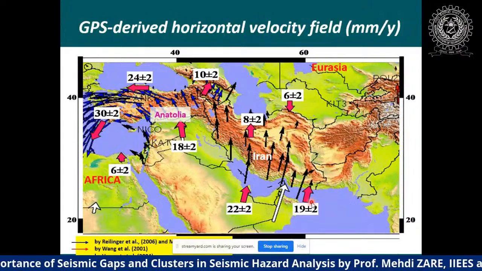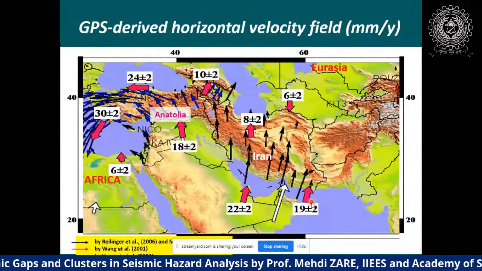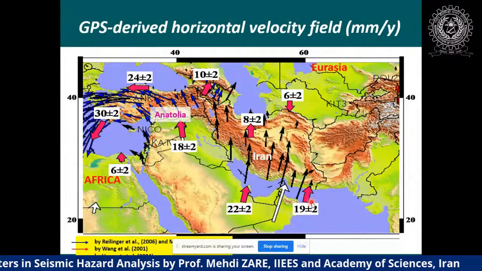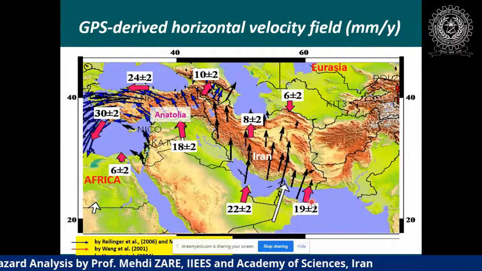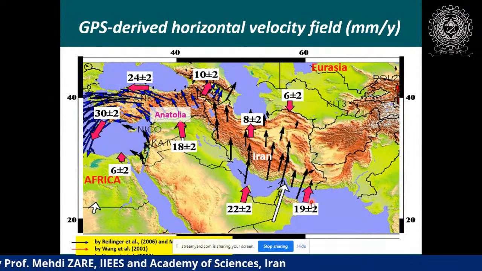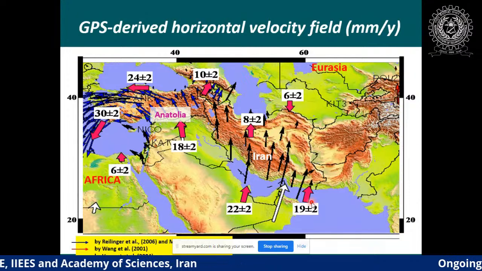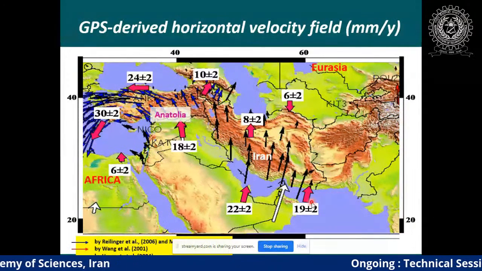Okay, I will focus a little bit more on the region of the Middle East and Iran, for which I have more examples and more calculations to present to you.